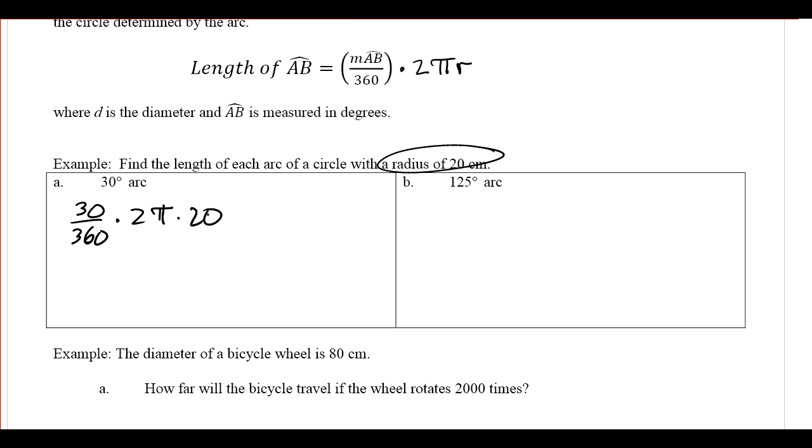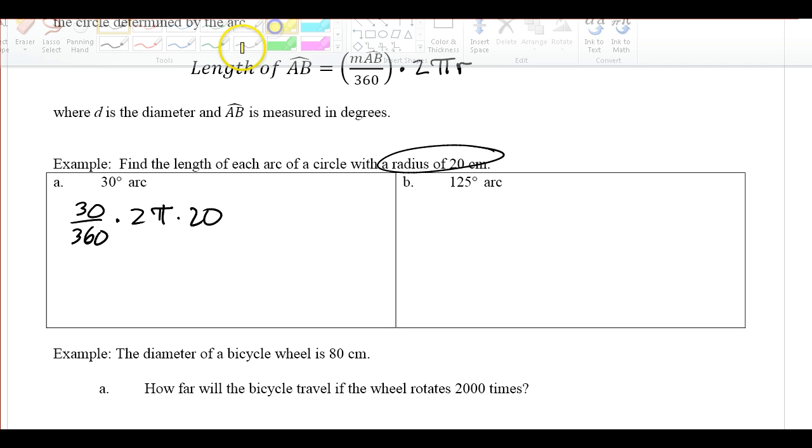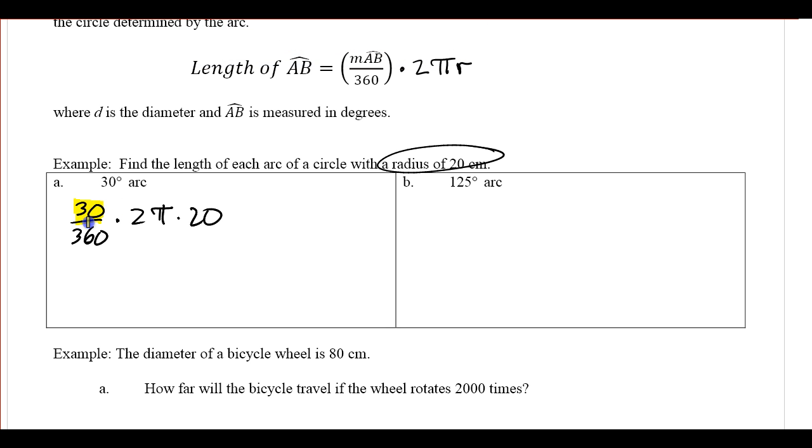And when you plug the numbers into your calculator, if you just plug in 30 divided by 360 times 2 times 20, and then you convert it to a fraction, doing your math frac, math enter, it's going to give you 10 thirds, and then we just throw the pi in there, so it's 10 thirds pi, and then we have units in the problem, so we want to include them in the answer. So 10 thirds pi centimeters.